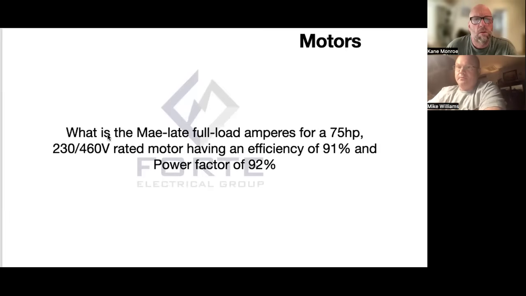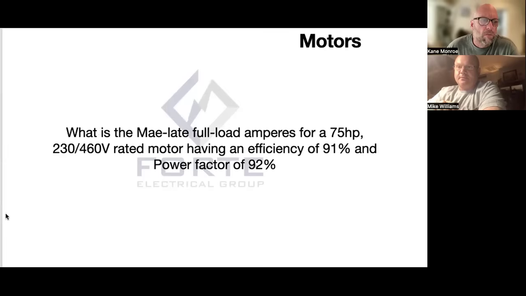Whoa. Oh, that was a funky misspelling. Let's see, what is the full load amperage of a 75 horsepower, 230, 460 volt rated motor having the efficiency of 91% and a power factor of 92? So as soon as we see 460, we know it's three phase.